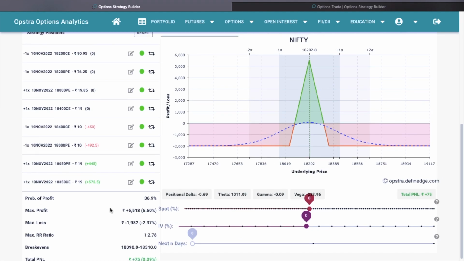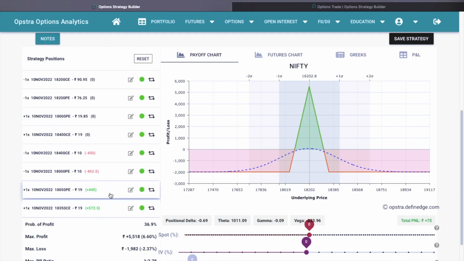Okay, so again next day what happens, the market again opens flat around 18,200. So now again we will try to reduce our limited loss, max loss. Okay, still we are carrying this position. So again I will square off these two.